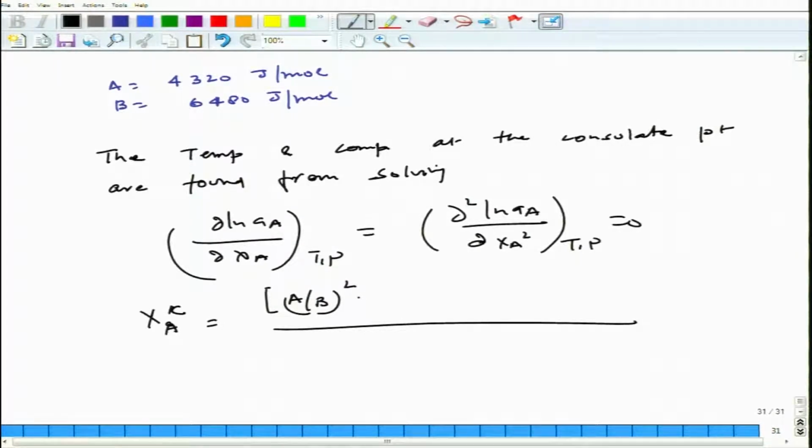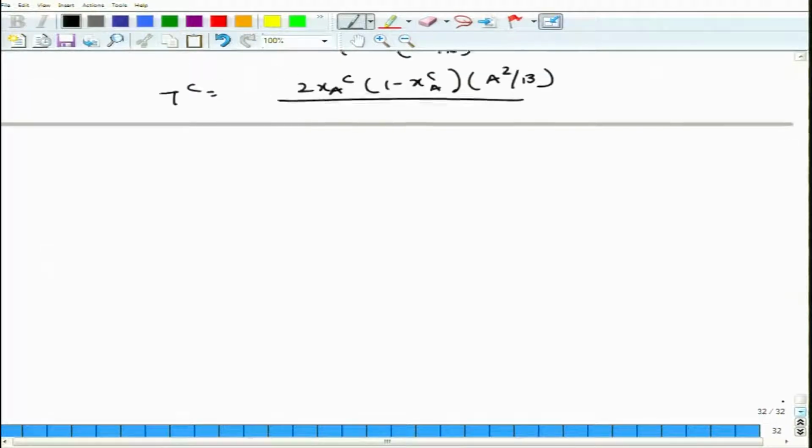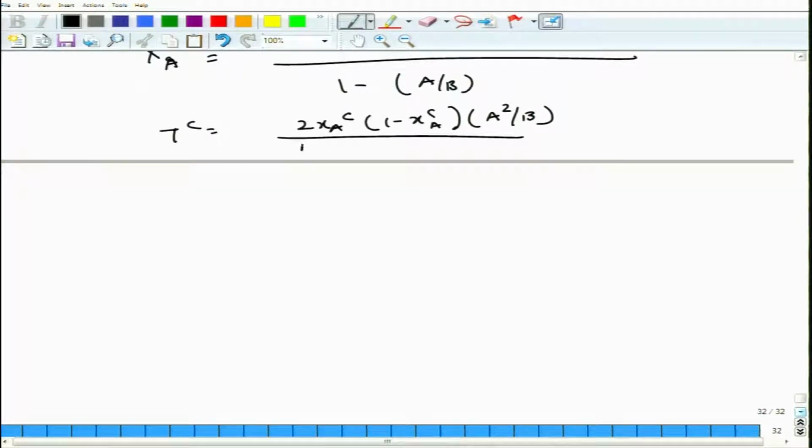So this is the expression which comes here: 1 minus A by B, 1 by 2 A by B, 1 minus A by B, and Tc is 2 x_A^C (1 minus x_A^C), divided by R times A by B. C stands for the consolute point or critical composition.